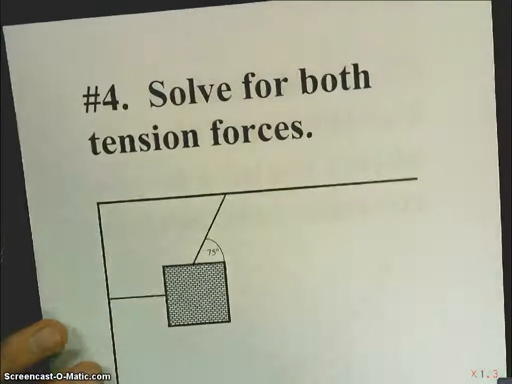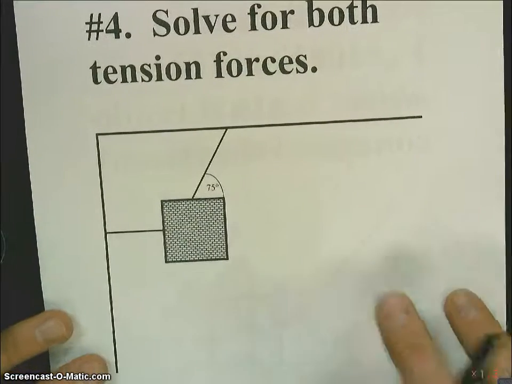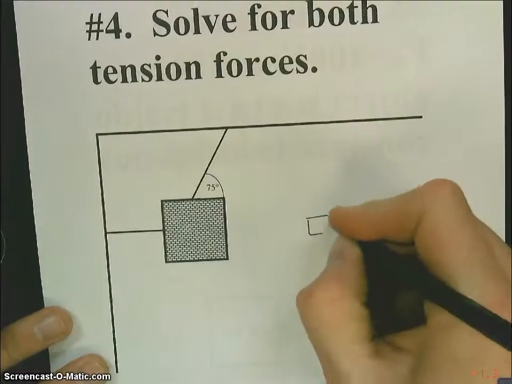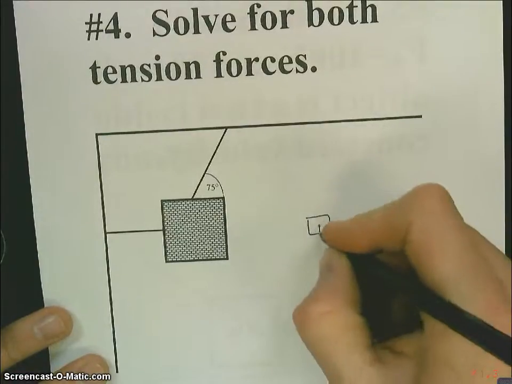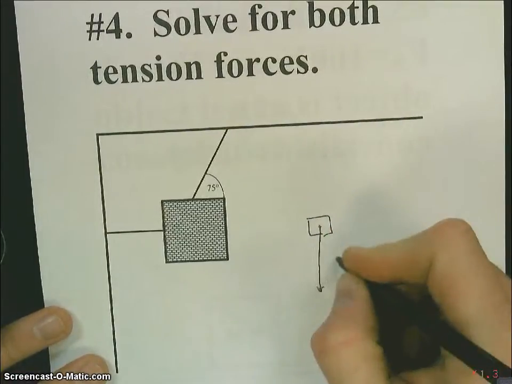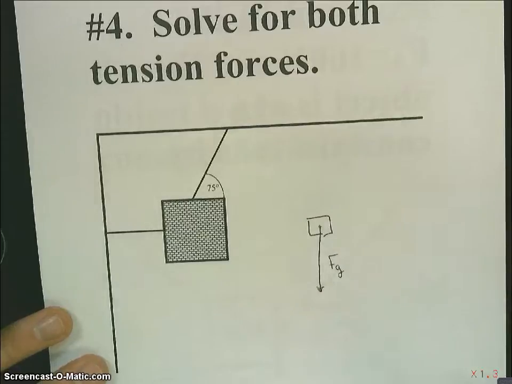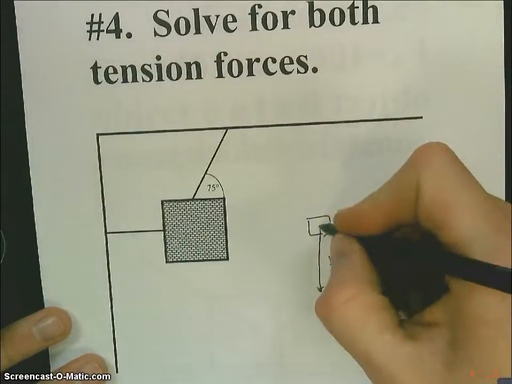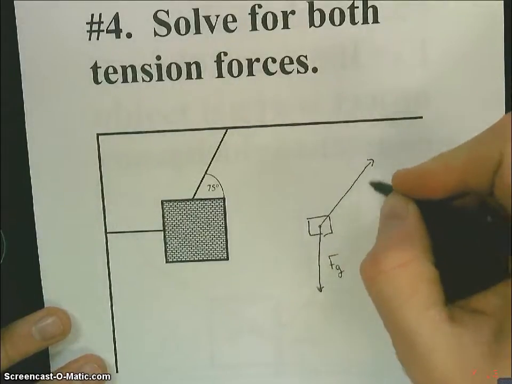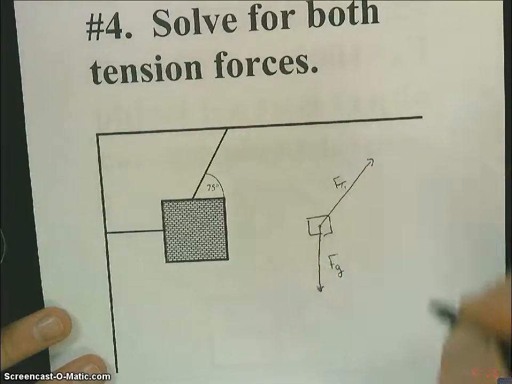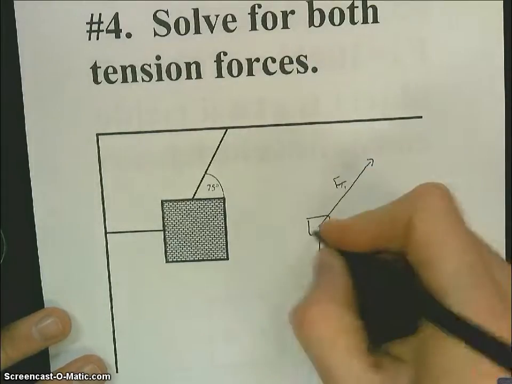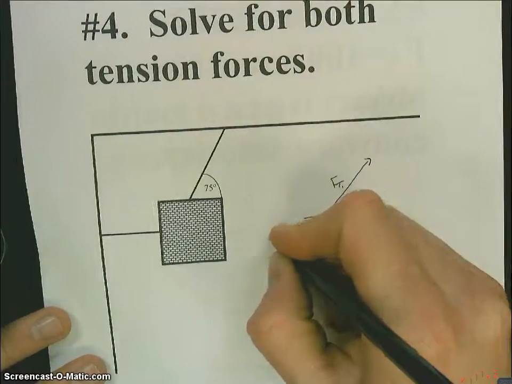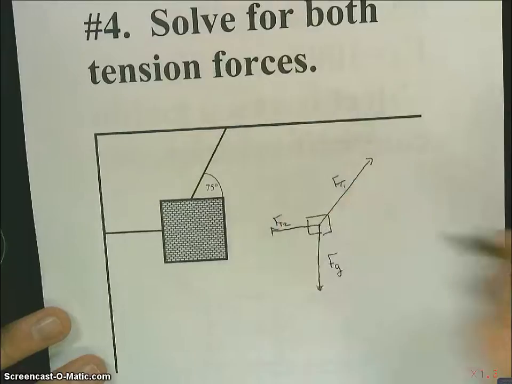I guess the best way to explain this in more detail is to just give you guys a couple examples. So here I have an object, and I'm going to draw the force diagram of this. The first thing I can definitely do is say that it has the force of gravity acting upon it. The next thing I know right away is that there are two strings adding tension. I'm going to call that force of tension 1, and then I have this other string, force of tension 2, we'll call it.